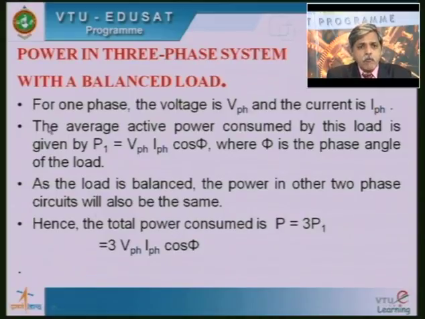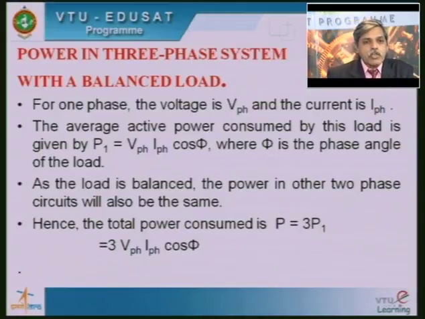Now, in the case of power, in a balanced system, I am just taking one phase. For one phase, the voltage is V phase and the current is I phase. So, the average power consumed by this load is given by P1 is equal to V phase into I phase into cos phi. I am considering one phase of a three phase system.